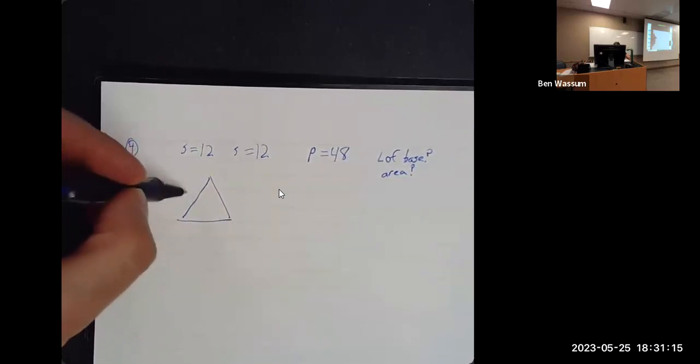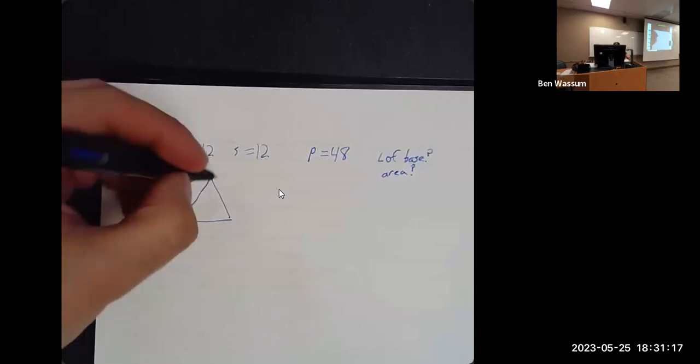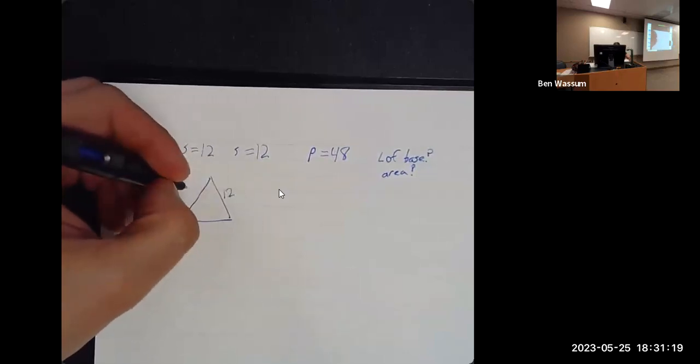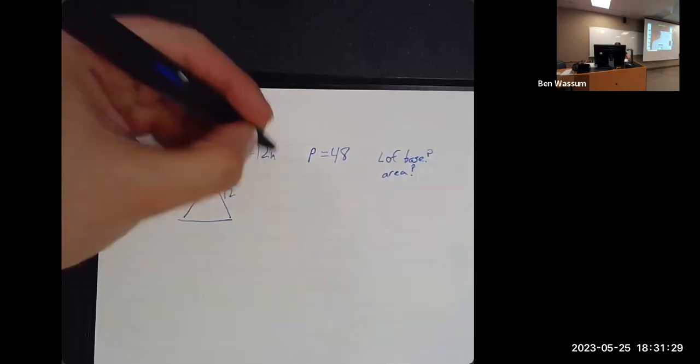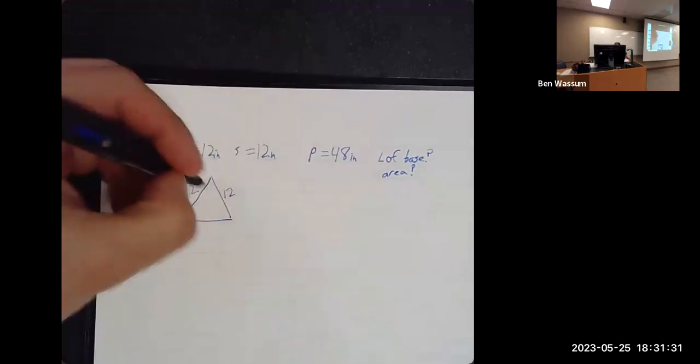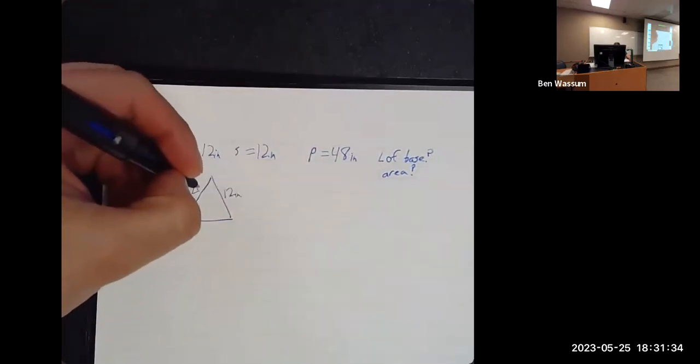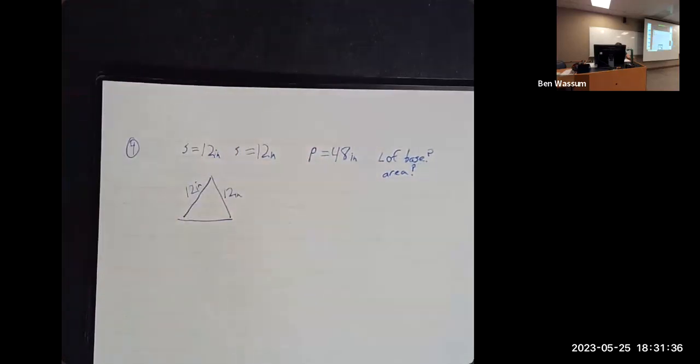I'm going to treat those as these ones over here. So I'm going to just call this 12 and this 12. Do we have any units or just the word units? Inches. Okay. Everything's in inches. So each of these is in inches.